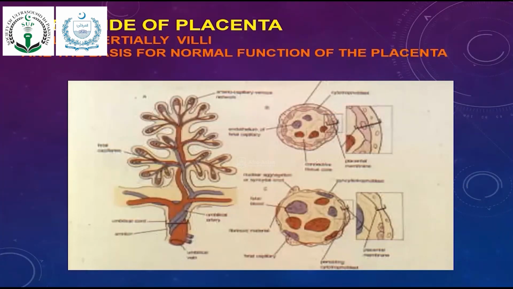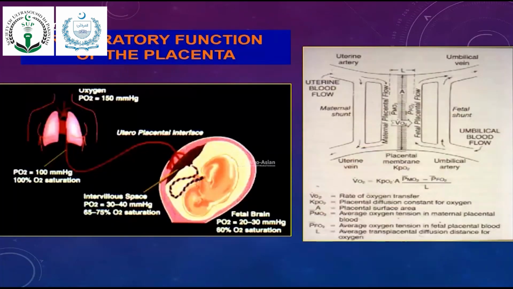If we look at the fetal side of the placenta, healthy villi are the basis for normal function of the placenta. So here we can see the villi. If they are healthy, that will indicate that the placenta of the fetus is healthy.